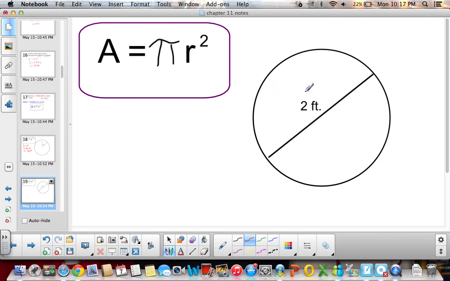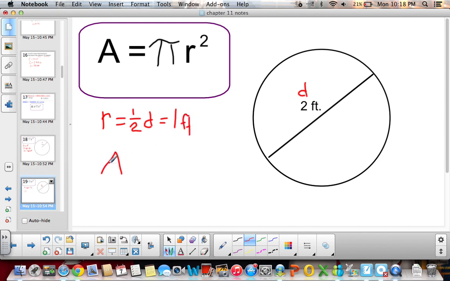This time we're given a diameter of 2 feet. So first, we have to find the radius. Remember, radius is half of the diameter, or 1/2 times d. 1/2 times 2 equals 1 foot then.